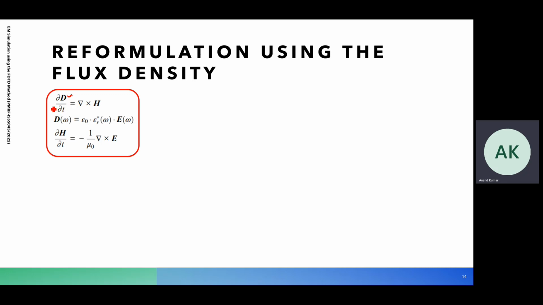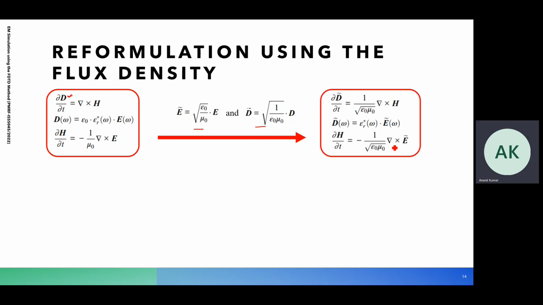So we have these three equations, and after normalizing them using these expressions, we get the normalized Maxwell's equations, and the flux density is then expressed in terms of permittivity and the electric field, where the permittivity is given by this function, where sigma is the conductivity and epsilon r is the dielectric constant.